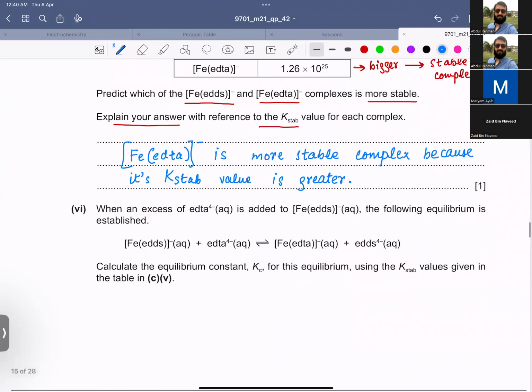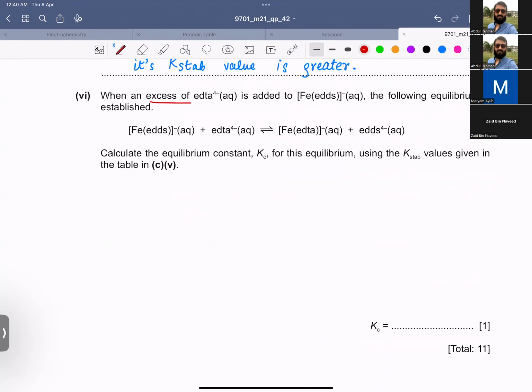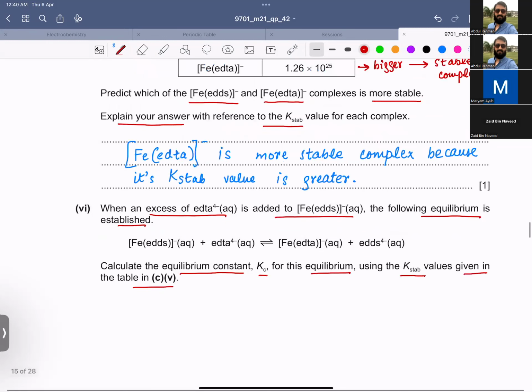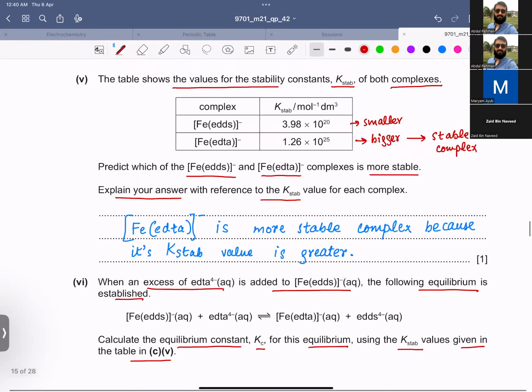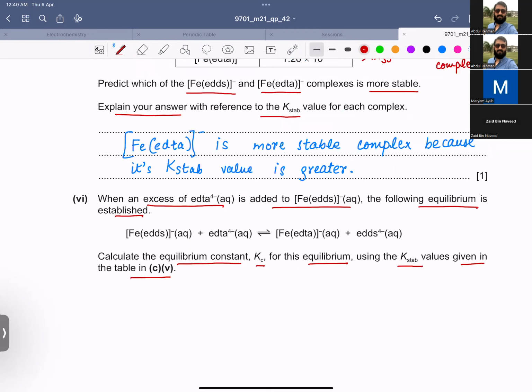Yes. Okay. When an excess of EDTA4 negative is added to FeEDDS negative, the following equilibrium is established. Calculate the equilibrium constant Kc for this equilibrium using the K step values given in the table. Here we have been given the value of both the complexes. This one is a little trickier.